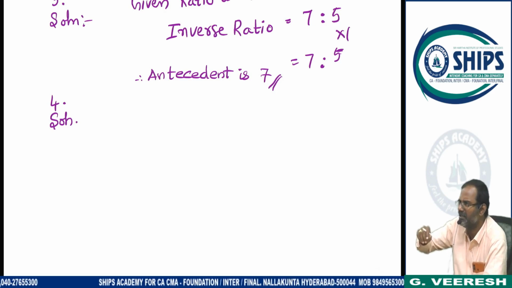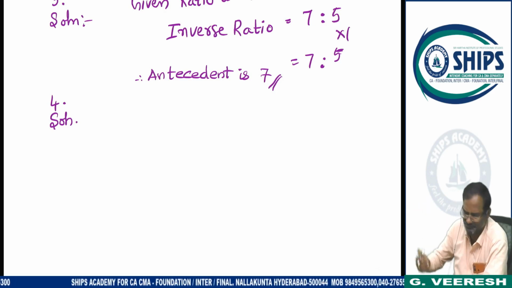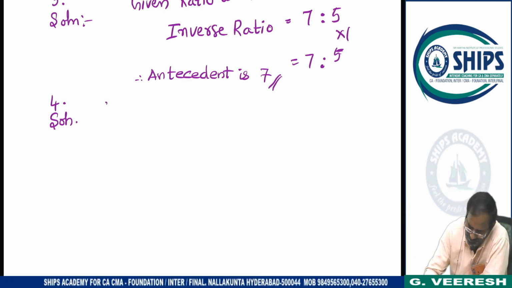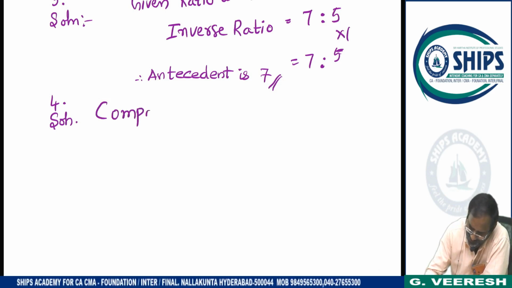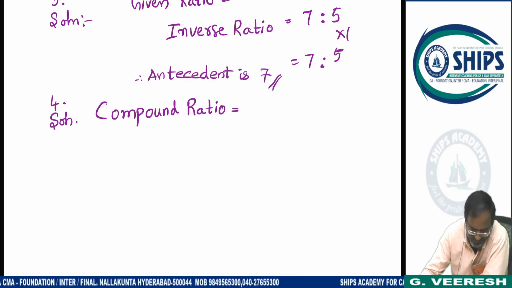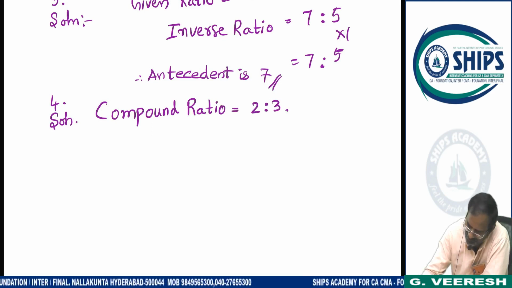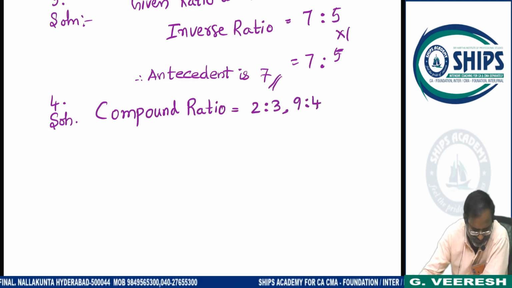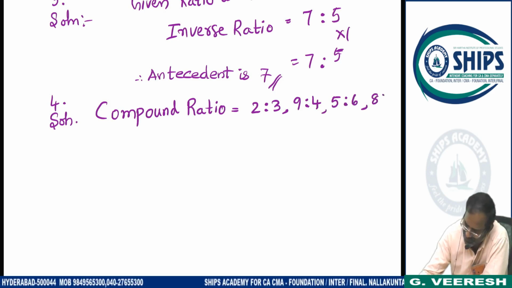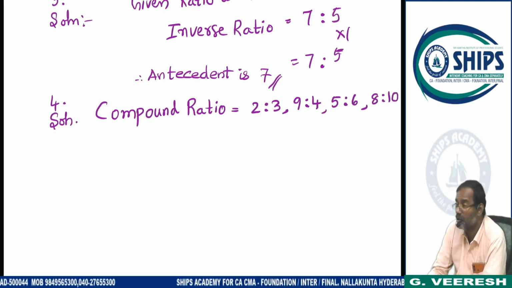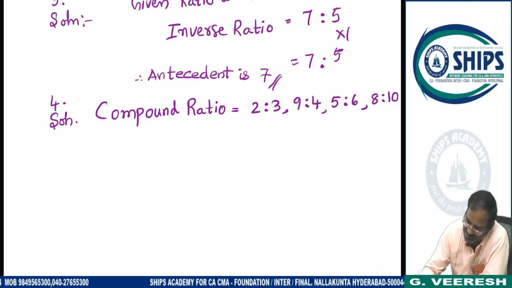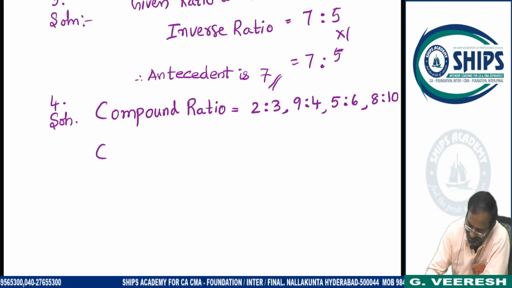If you are already getting it, check it. So compound ratio: 2 is to 3, 9 is to 4, 5 is to 6, 8 is to 10. So 4 ratios are given, so we have to combine them. Compound ratio means.